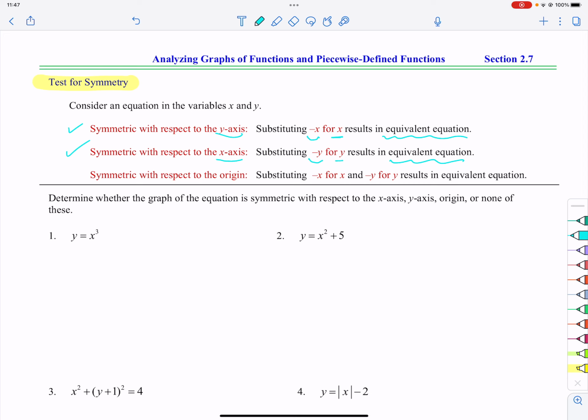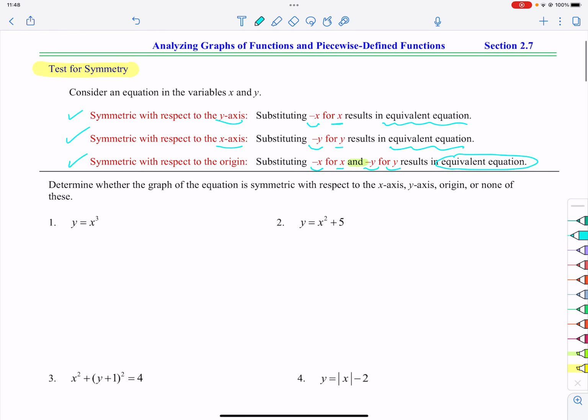And if substituting the opposite of x for x and the opposite of y for y gives that equivalent equation, we have symmetry with respect to the origin.